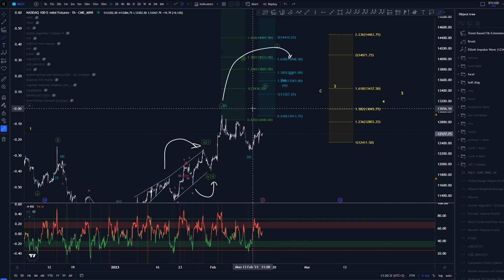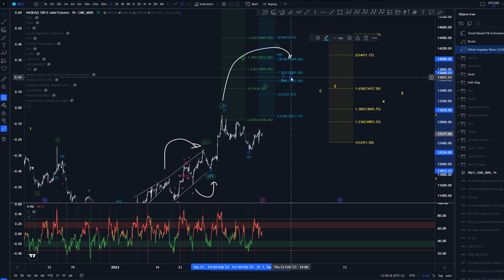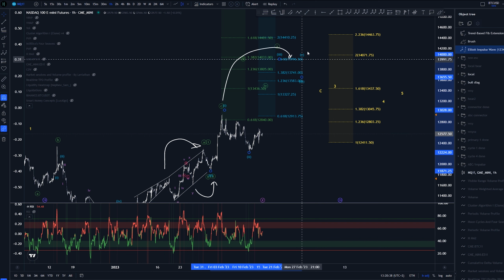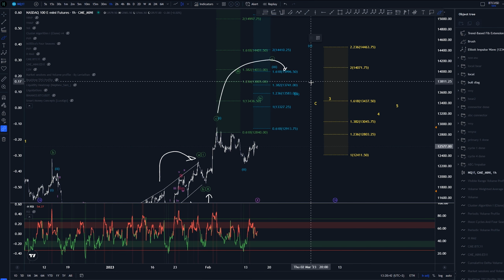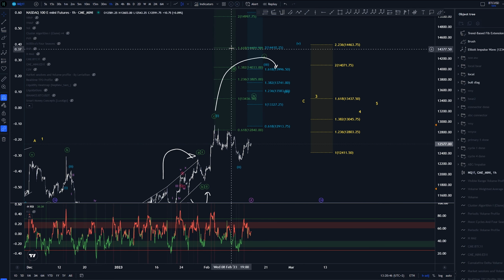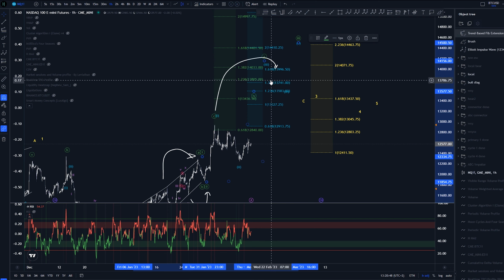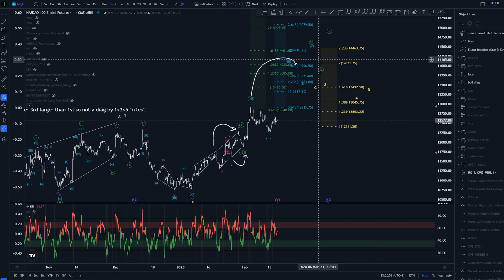Or $14,000, sorry. And at that point, we would already be getting towards that 1.618 with the extension here that we'd be expecting for the fifth wave to come. So at that point, this third wave would already be here, fourth and fifth over here.